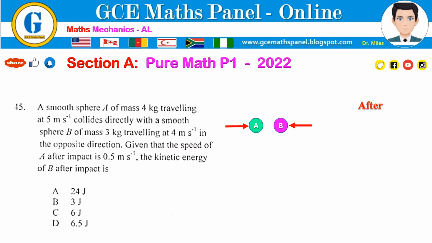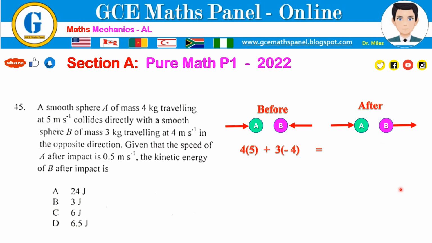So before, we have 4 times 5, that's momentum before, equal to momentum after, we are going to see. Now this one has a higher momentum. So the tendency is that these particles will, after collision, move to the right. So A is moving to the right, B is moving to the right.